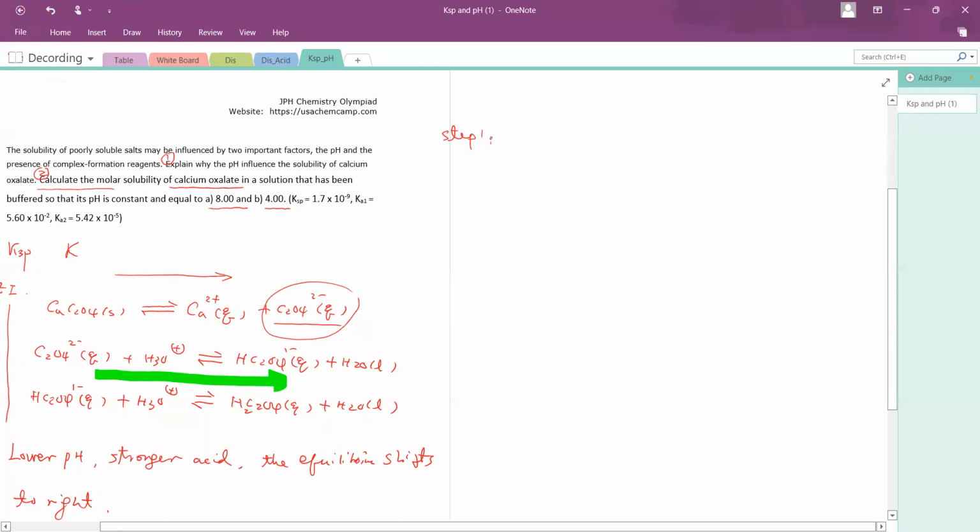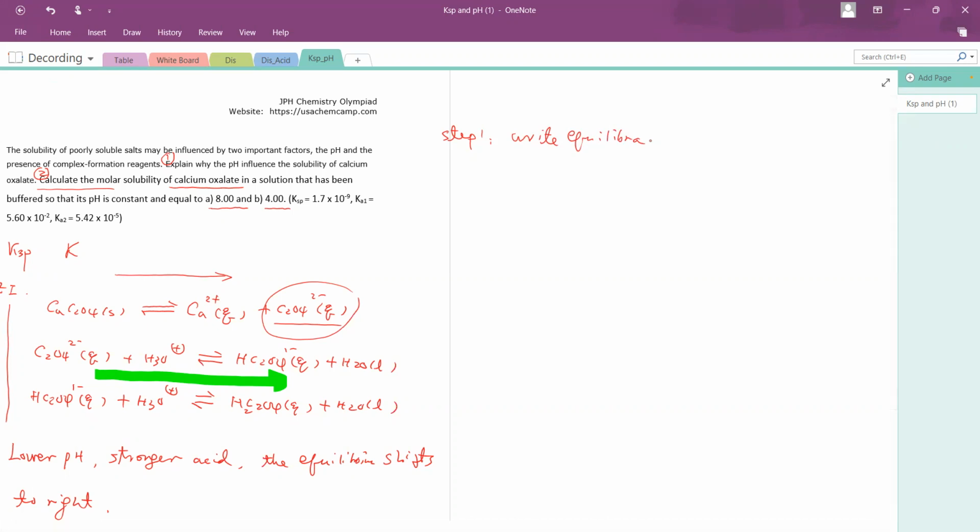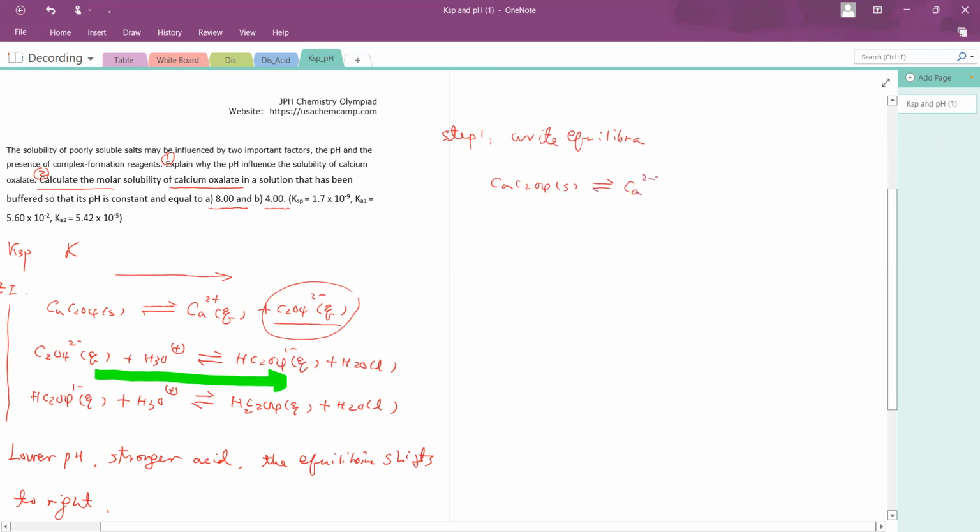Step one, I'm going to write related equilibria. I'm going to write all the equilibria in the system. The first one is related to KSP, with the solid and aqueous solution.